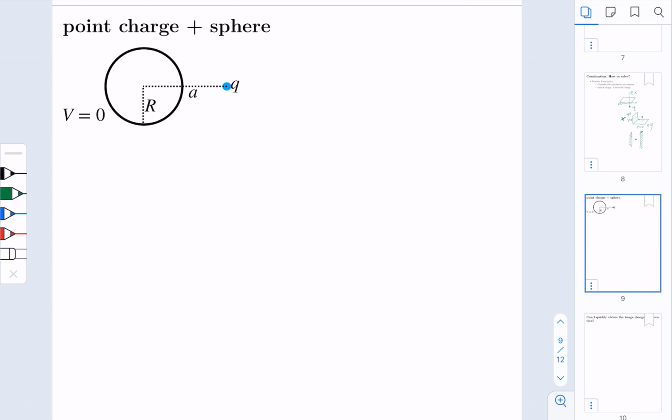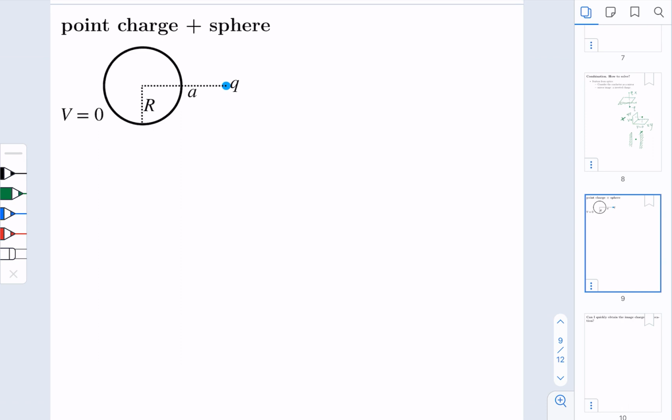So here this sphere is a 3D sphere, and for simplicity I try to plot a cut. So here I'm only showing the 2D geometry, but it can really be a 3D sphere. And now the idea is actually to generate an image charge somewhere such that the surface here of the sphere is an equipotential surface.